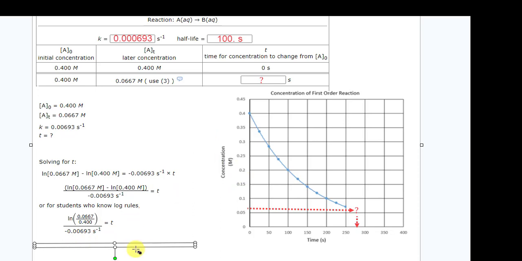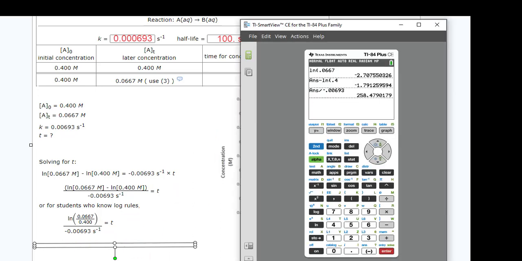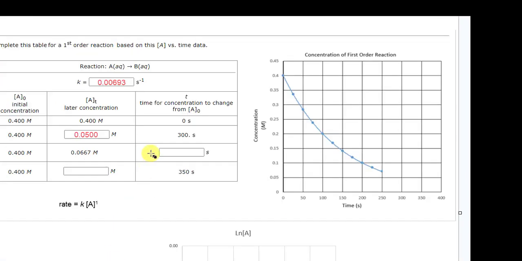Saved you the entry of a log, but let's put that 258 seconds in our answer, and we're on our way to completing that table. 258, and the seconds unit is there. Be careful. Sometimes they'll have minutes, sometimes hours, days, or even years. So make sure that you're following whatever the question gives you. In our case, it's seconds.